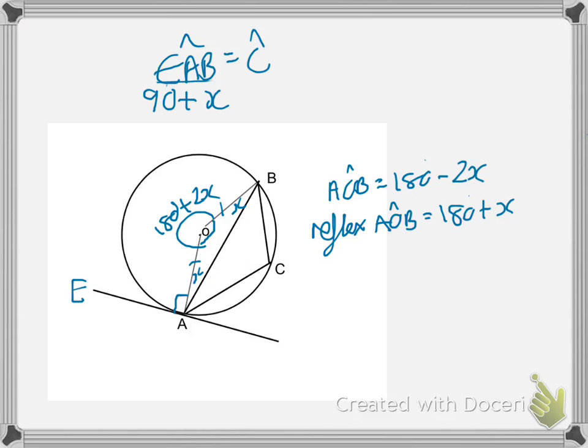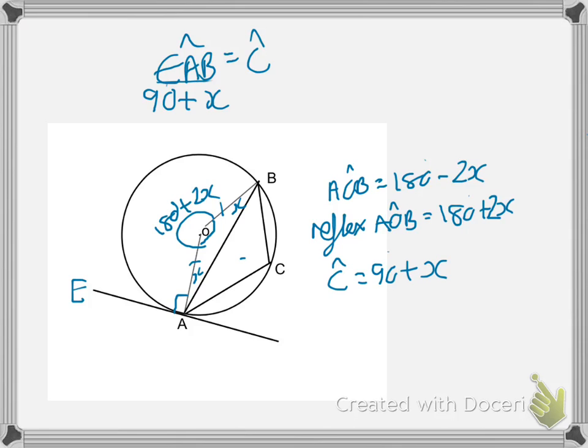But remember, in the previous sketch, I created an angle at the center. And remember that the angle at the center is 2 times the angle at the circumference. And in this case, because of the way the sketch is drawn, it's the reflex angle at the center. So reflex AOB is equal to double angle C, which means angle C is equal to half of 180 plus 2x, sorry, that was careless, which is 90 plus x.